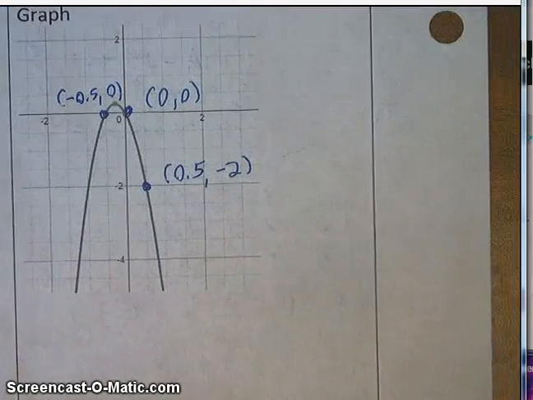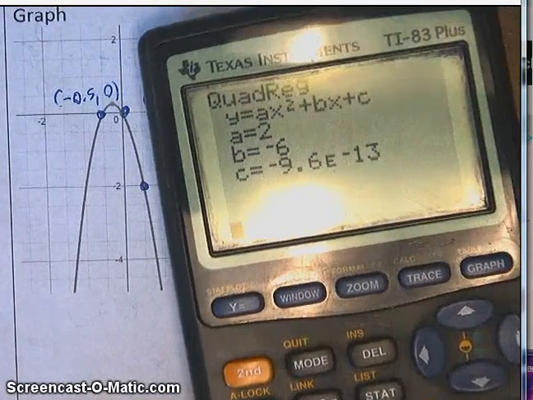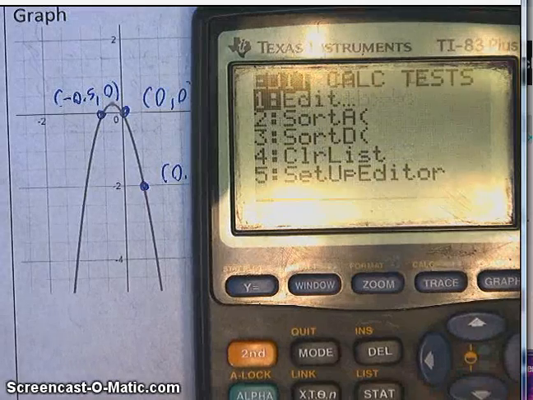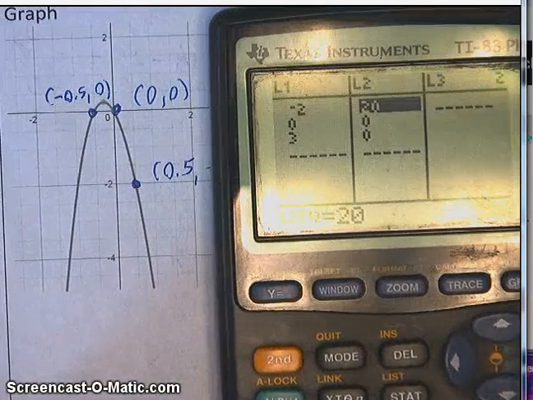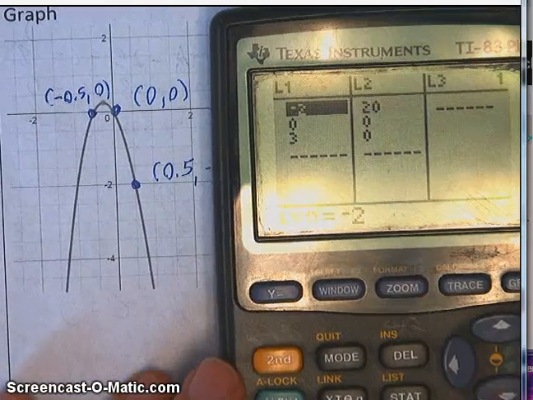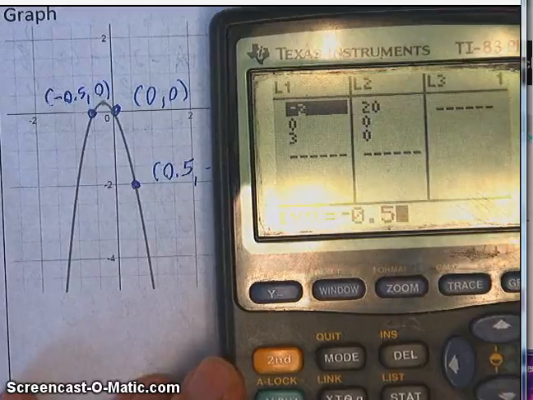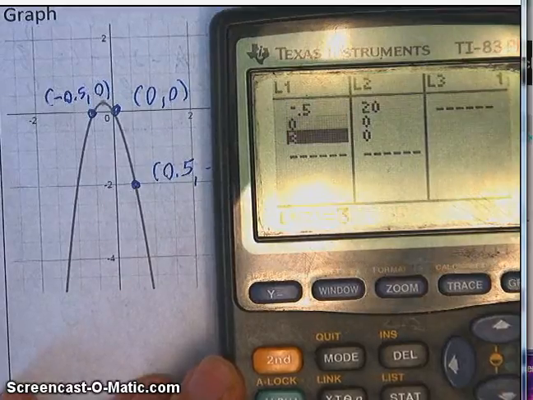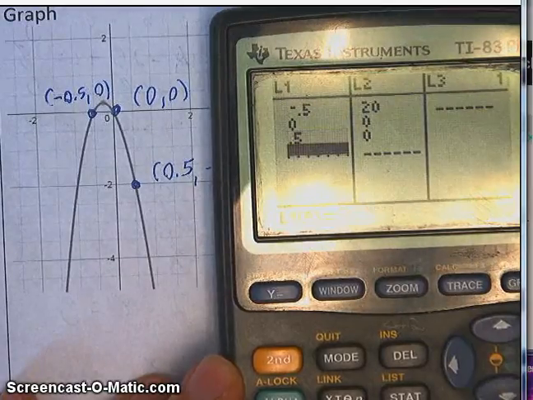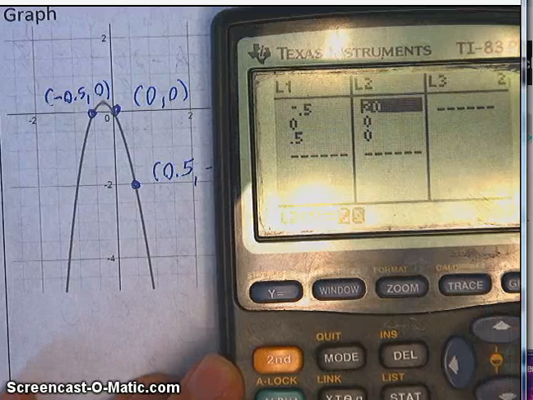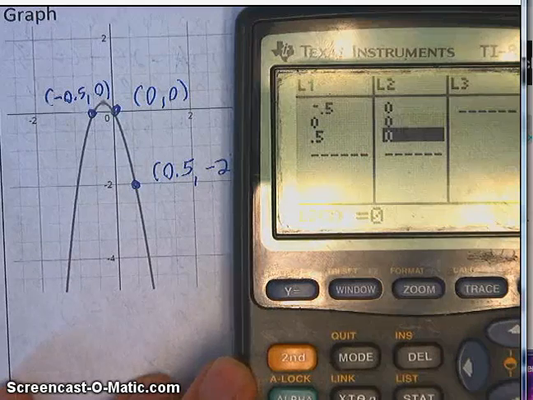So I'm going to use these 3 points now. So I'm going to go stat, edit. I'm just going to type them in. So my first point was -0.5, 0, and 0.5. And I've got a 0, a 0, and a -2.